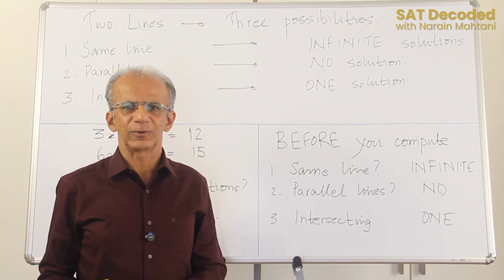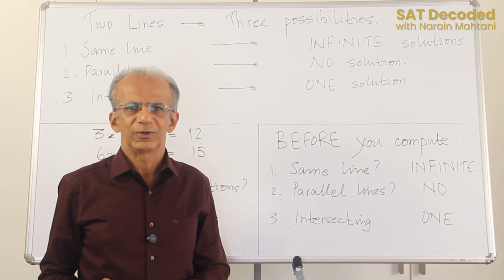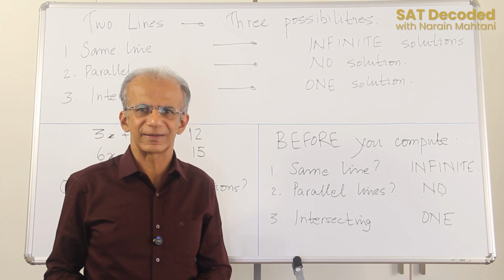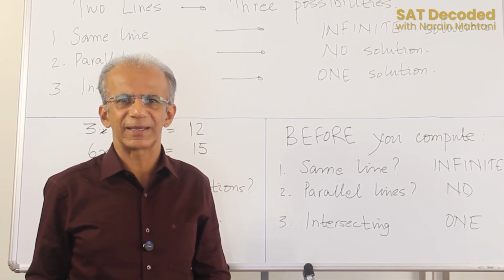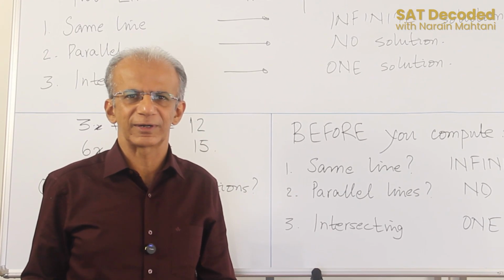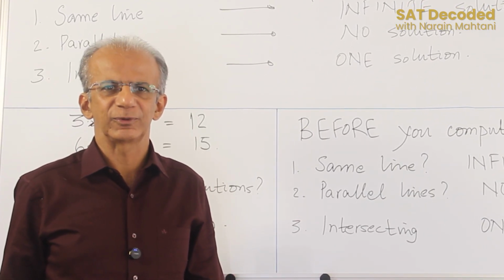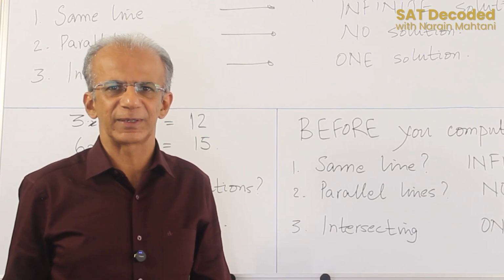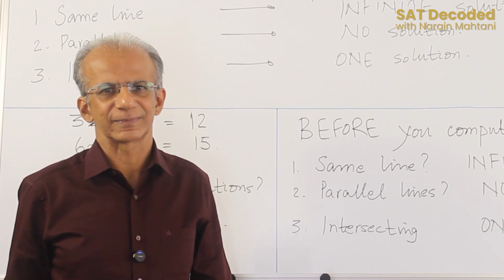The SAT tests all three scenarios, and the student who understands this geometry, who can look at two equations and immediately see which scenario she's in, will always have an advantage over the student who reaches mechanically for substitution or elimination. The habit to build is simple. Before you solve, look. Understand the relationship between the two equations and let that understanding guide you to the answer.